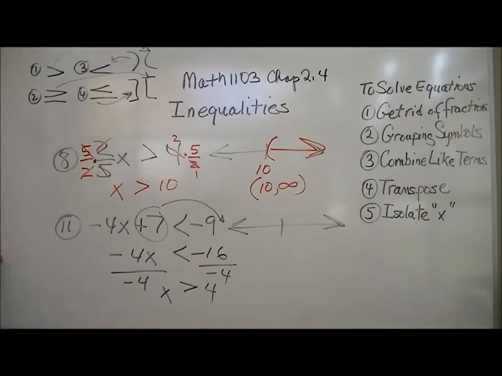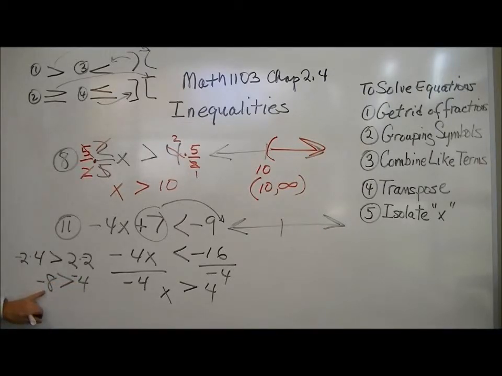Now, why is that true? Let me go over here. We all know that 4 is greater than 2. That's a true statement. If I multiply this by a 2 and this by a 2, I now get 8 is greater than 4. That is still a true statement. But how about if the 2 was a negative? This would be a negative 8, and this would be a negative 4.